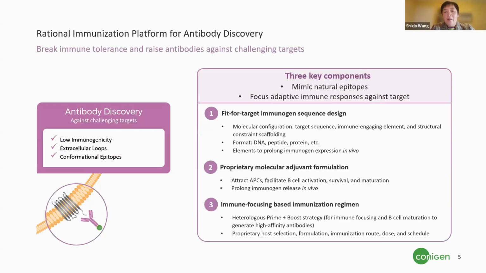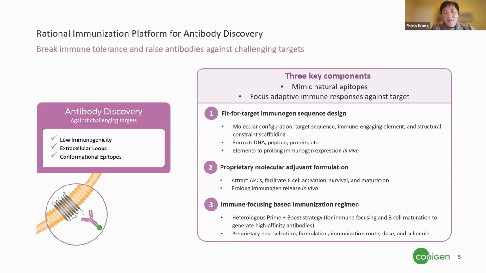Based on the target, we also select the immunogenic format specifically for that target. We know every protein is different. Even proteins in the same category or same family are different. So we have to design unique immunogens and forms of antigen protein for that specific target.